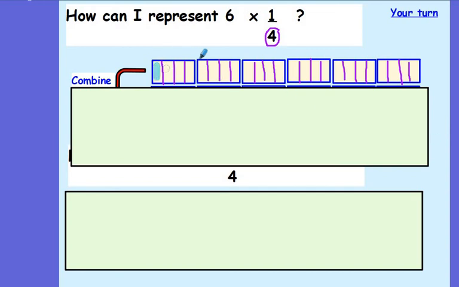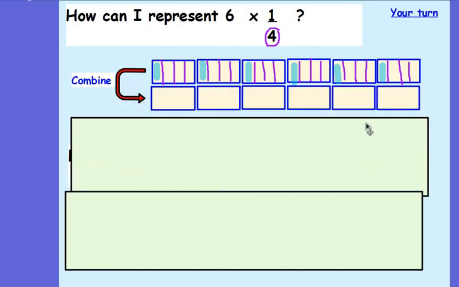Shade in 1 quarter, 1 quarter, 1 quarter, 1 quarter, 1 quarter, 1 quarter. So I've got 6 lots of 1 quarter. Let's combine that up in the same way. Don't think we're going to need all the boxes this time.